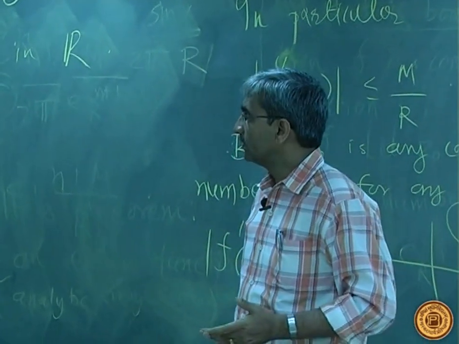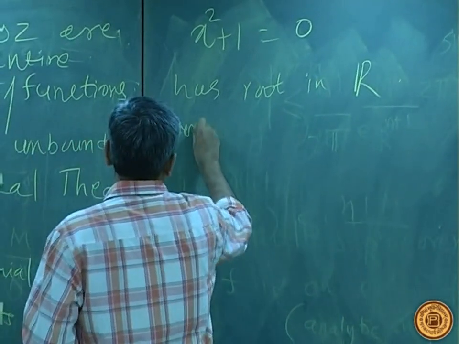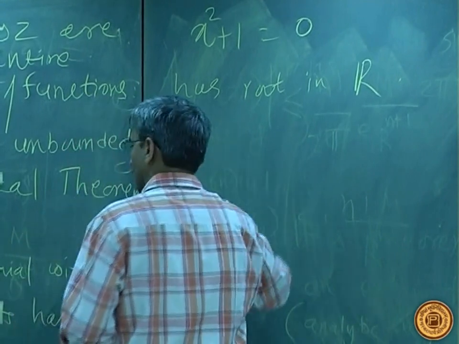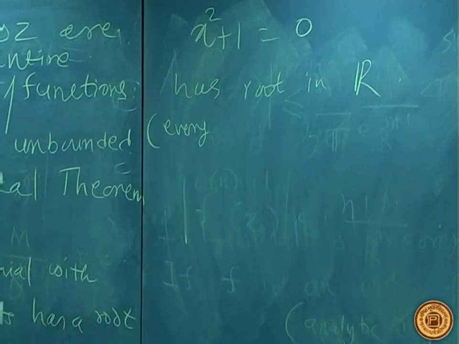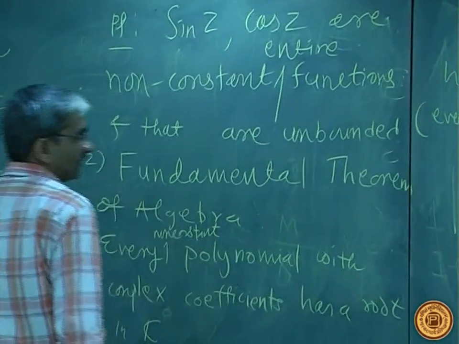Okay. So this theorem means every non-constant polynomial, I have to write non-constant, because for a constant polynomial there is no question of a root unless it is 0.